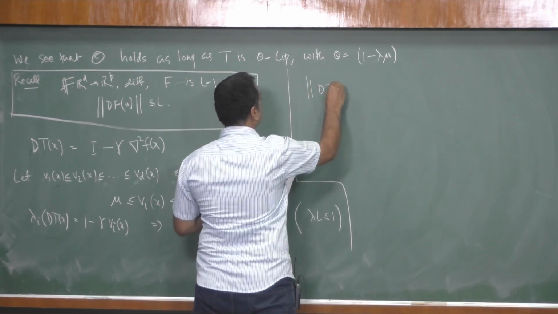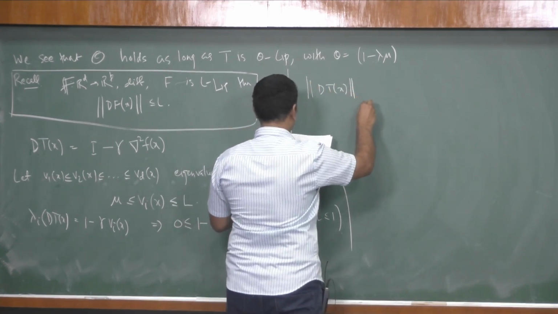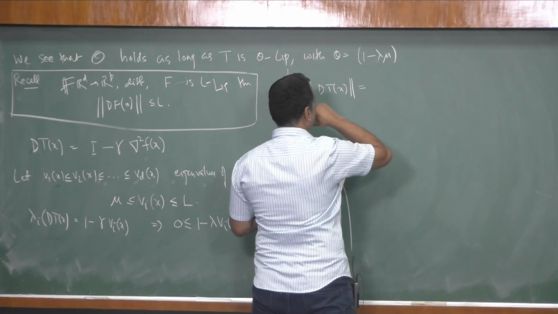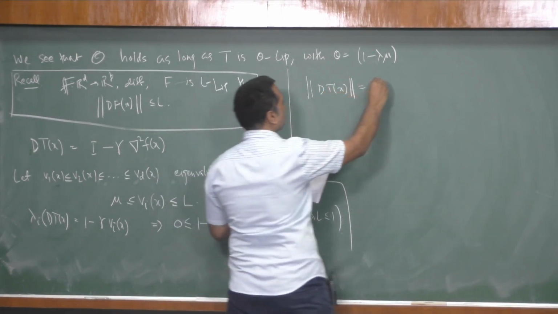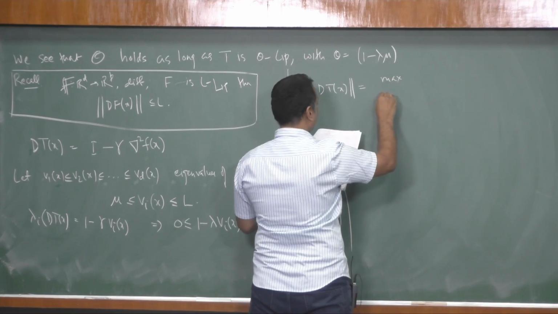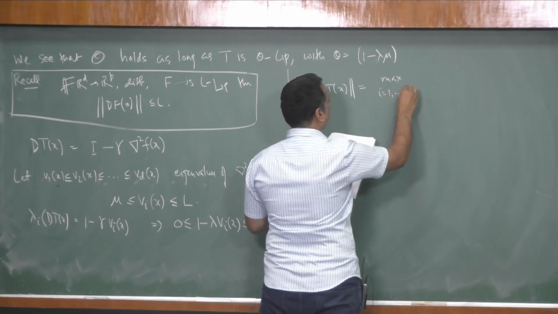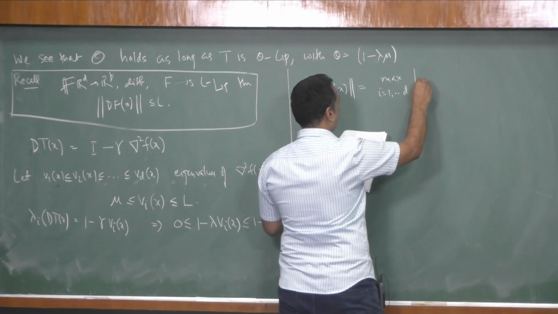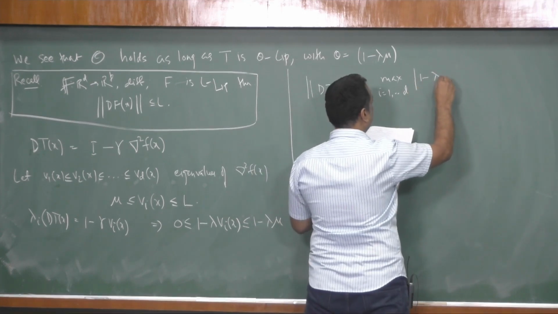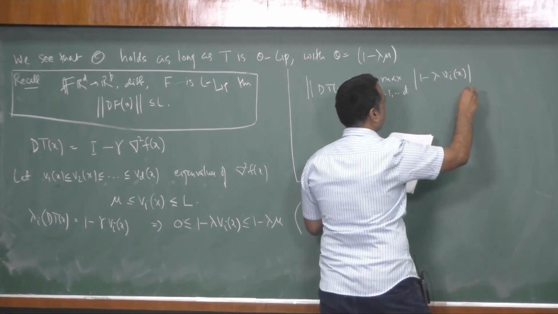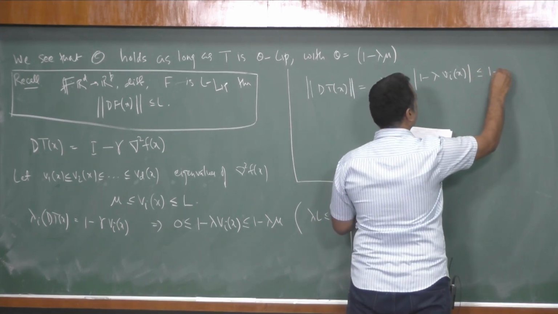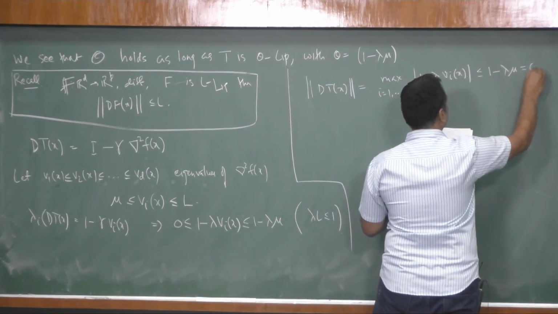Since this is a norm, the norm will pick the maximum of the eigenvalues. So this is max over i equal 1 to d of 1 minus lambda Vi x, and this is less than or equal to 1 minus lambda mu, which is theta.